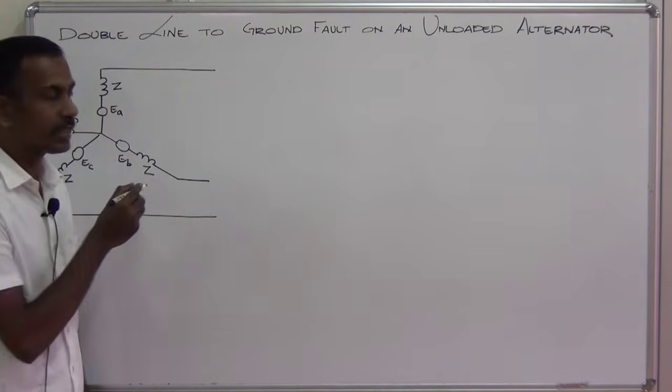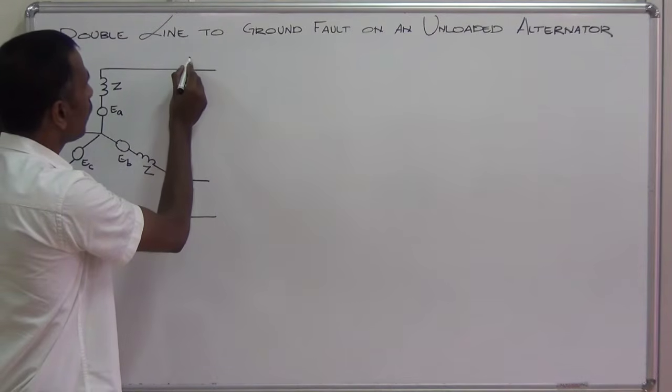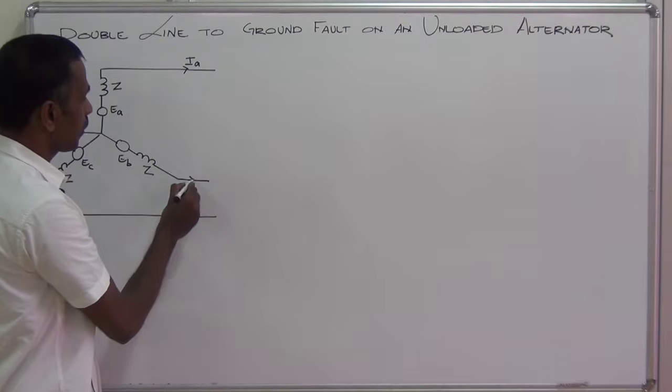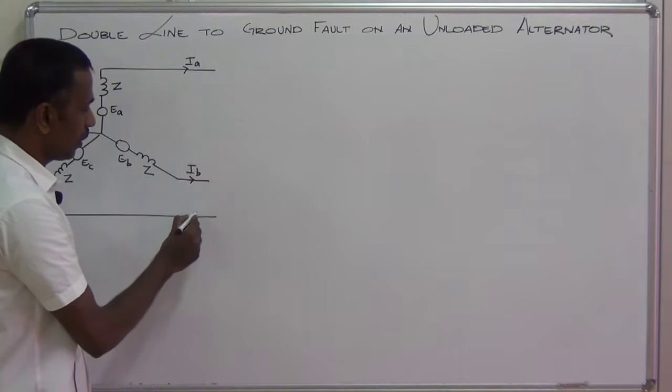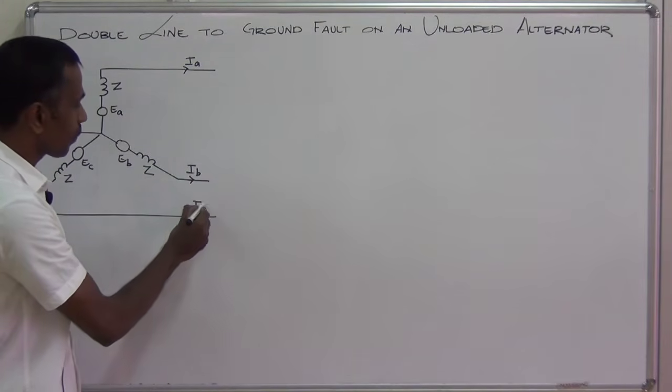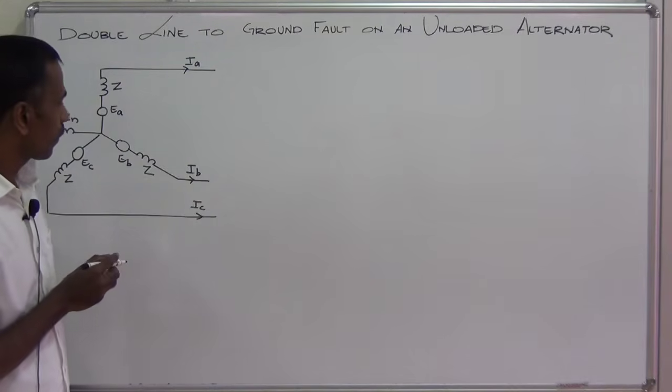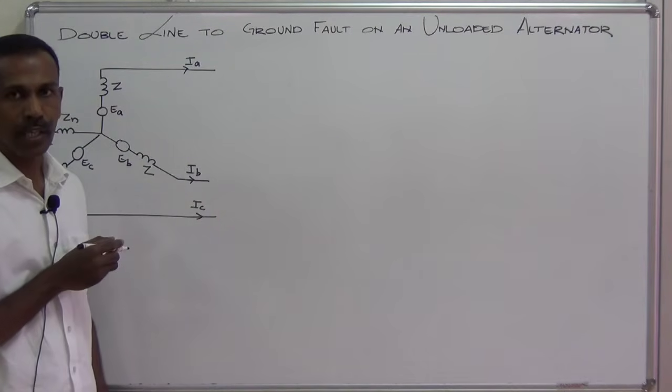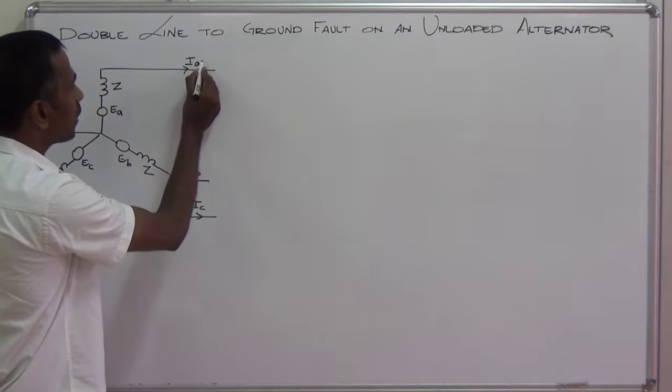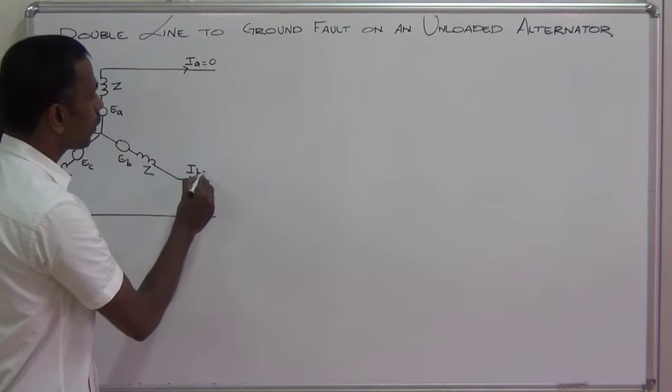The three line currents are IA, IB and IC. This is an unloaded alternator, so the current in the three lines will be equal to 0.